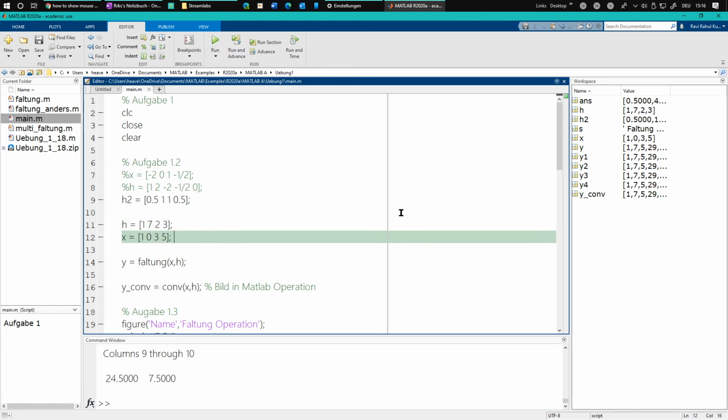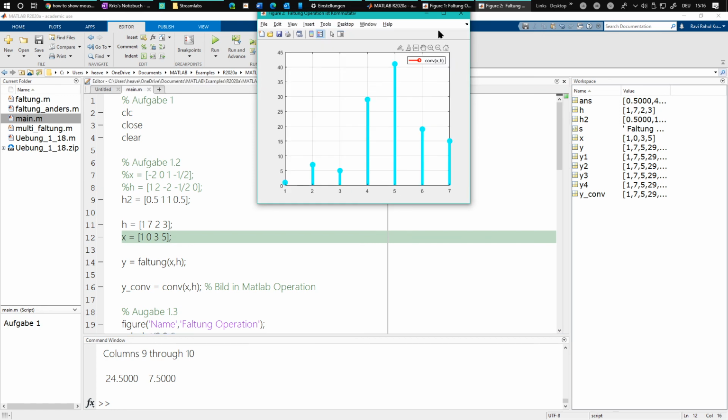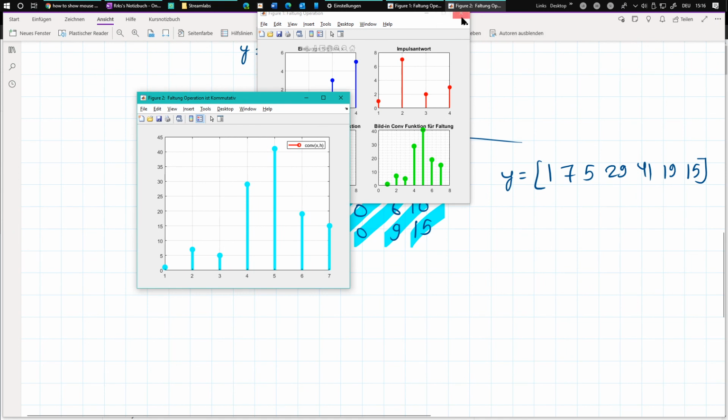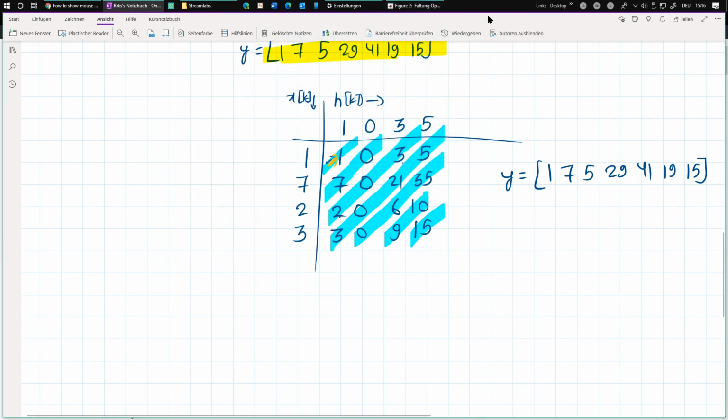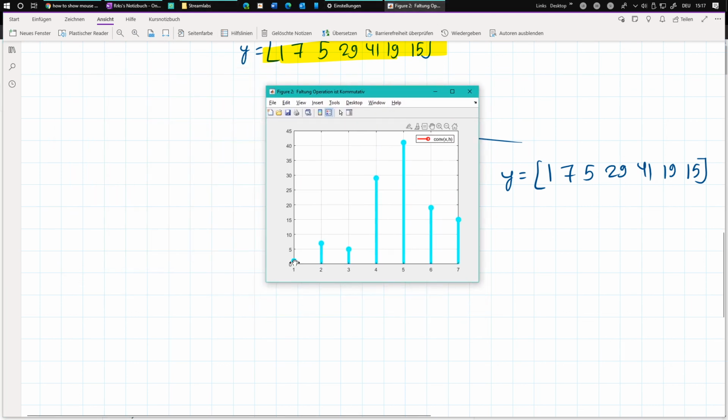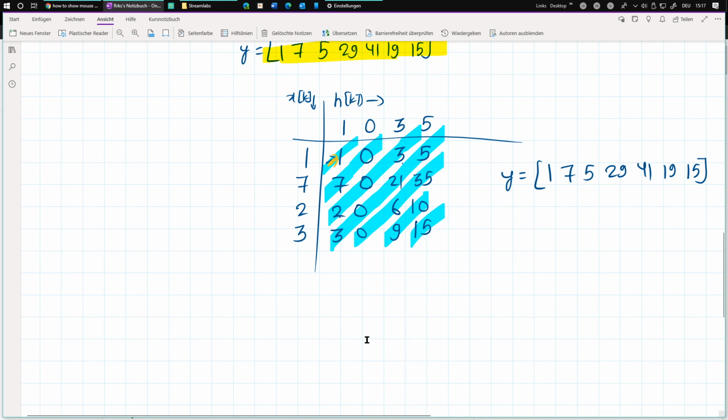So when I run it, let's see what our output signal is. So here we go. 1, and you see 7 is somewhere here in between. 7, 5, 29, 41, 19, and 15. So that's how we do convolution operations.